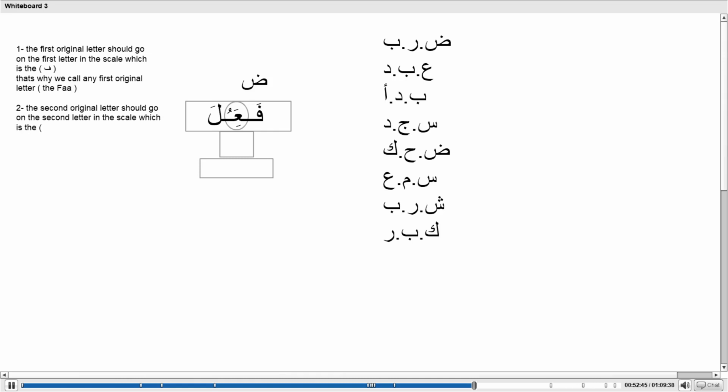The ayn. That is why we call any second original, pay attention, I'm saying original, letter, what do we call it? We call it the ayn.